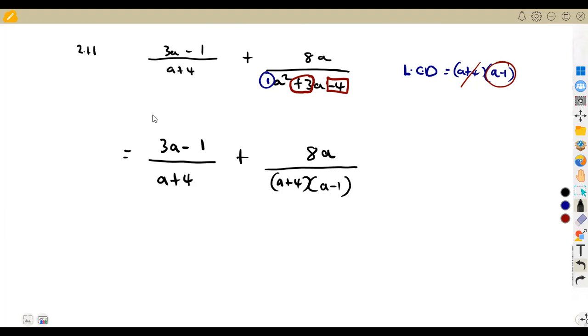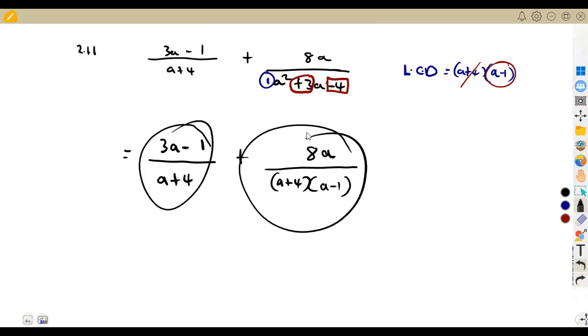You ask yourself a question: since I want to make these denominators the same, what is it that I'm supposed to do on this side so that it gives me the same as what I have on this part in the denominators?